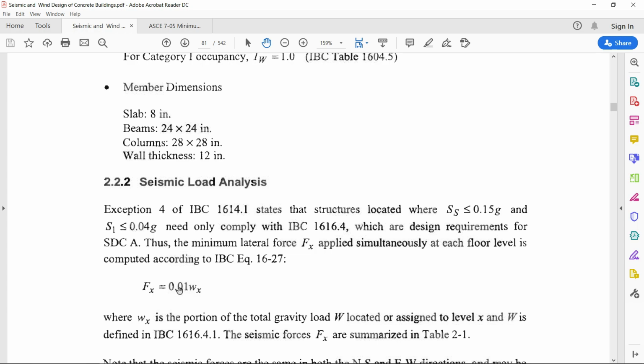So that means 0.01 is a factor which should be used to calculate the base shear. STAAD does the same thing.